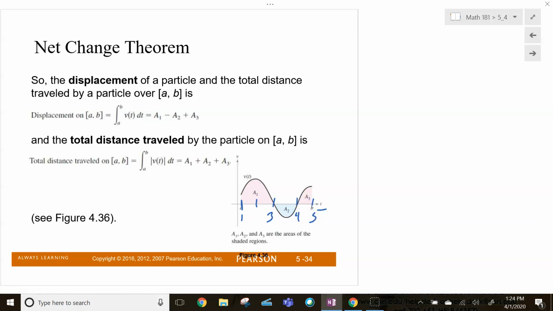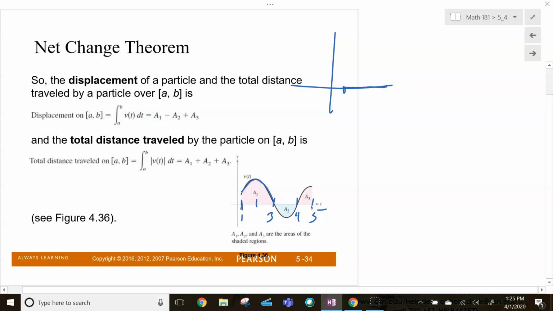Remember, velocity has direction. This particle is moving right or left. Right now it's positive, all positive until the third second. So from the first second, wherever it's at, this thing is moving to the right until the third second, and then the velocity is 0 there and it stops.